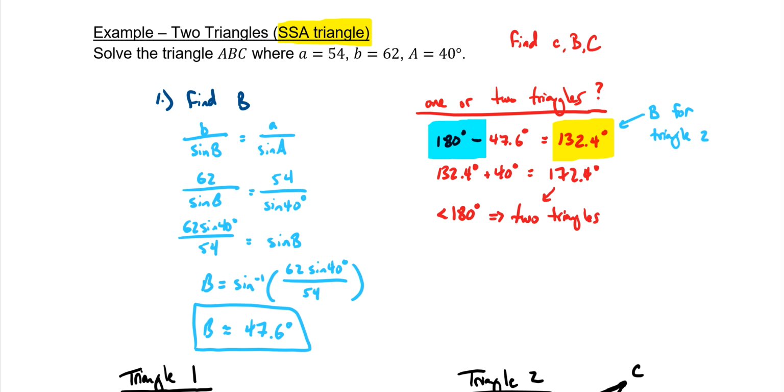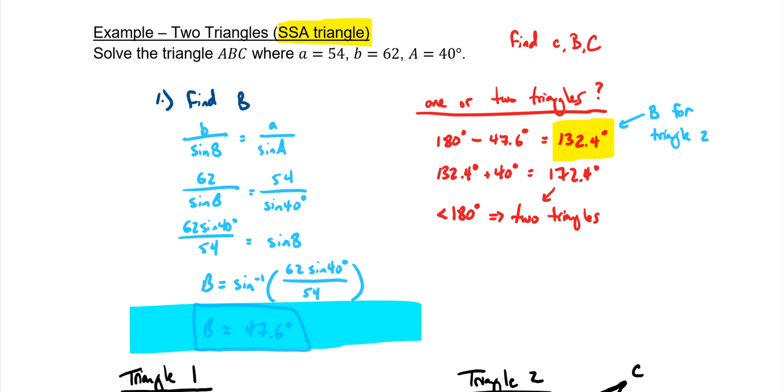So we always take that value, subtract it from 180, and then take that answer, add it to the original angle. If that answer is less than 180, we have two triangles. Greater than 180, we have one triangle. Since it was less than 180, we had two triangles. And then this B on the left is going to be for triangle 1. This one on the right is for triangle 2.